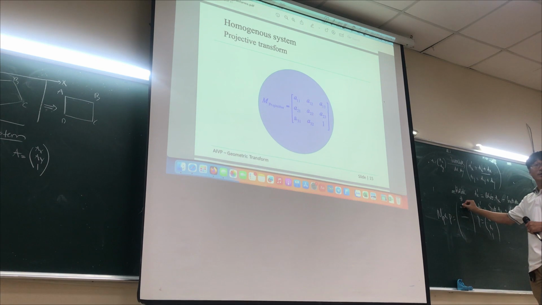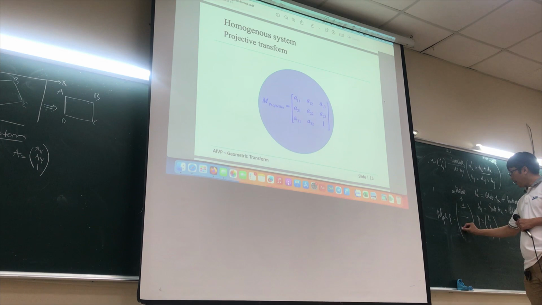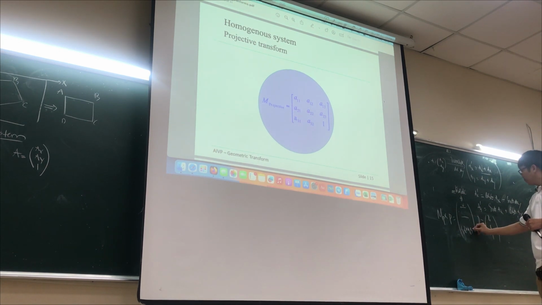Can you write the value of matrix M with letter P here? A31 multiplied by Px plus A32 Py, and plus 1. Here it may be different to 0, different to 1.